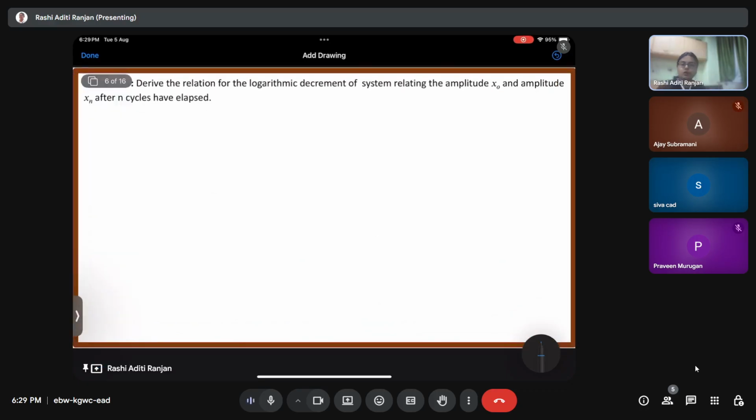Okay, now coming on to question number 3. Derive the relation for the logarithmic decrement of a system relating the amplitude x naught and the amplitude xn after n cycles have elapsed. See what this question is trying to say.